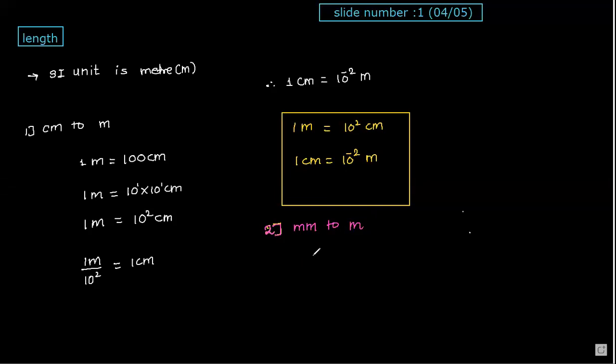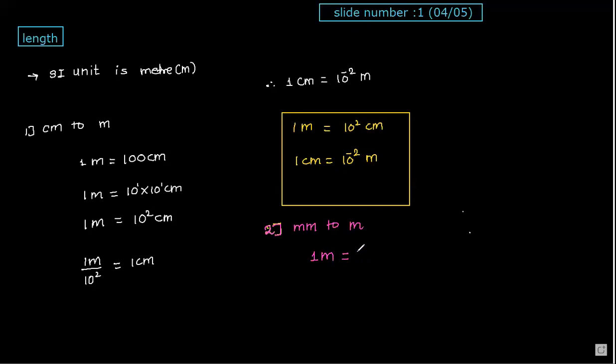Tell me, 1 meter is equal to how many millimeter? 1000. 1000 millimeter. Or 1 meter is equal to 10 power 3 mm. Or even, can I write it like this? I can write it like this also.